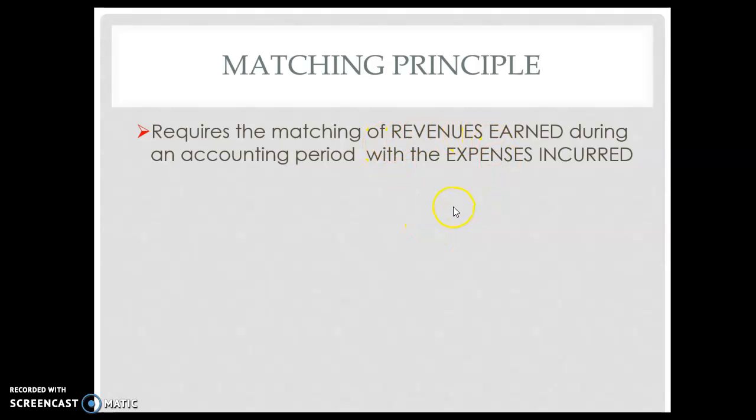That's when you would debit cash and credit sales, and that would be all you would do. And the expenses, you would record in whatever month you paid them. You wouldn't worry about when you used the lights and got the bill for the lights. You would wait until you paid the light bill, and then you would debit utilities expense. That's the cash basis. That's not what we learn in Accounting 101.